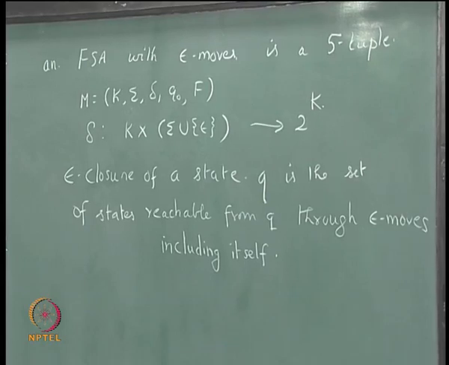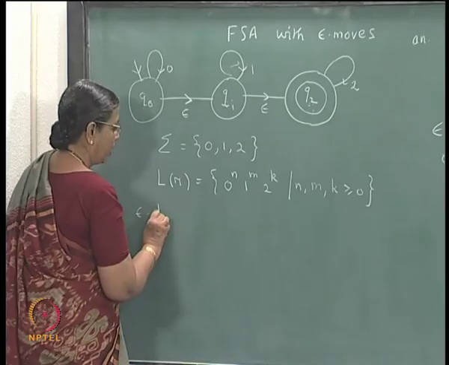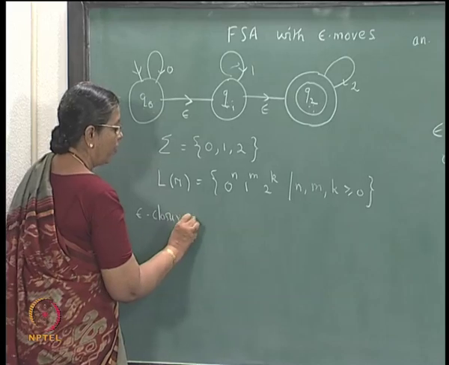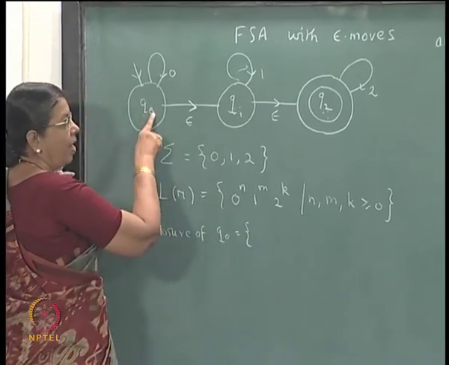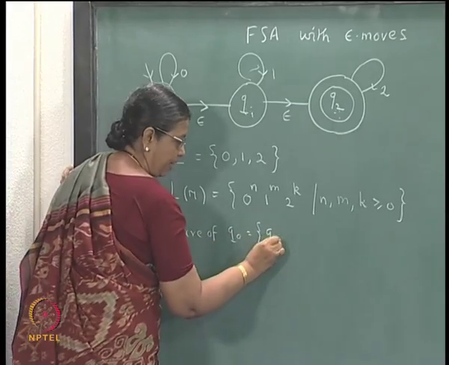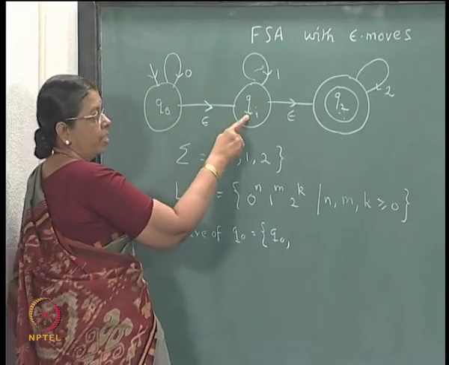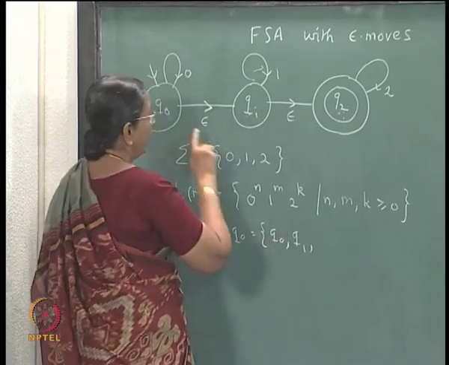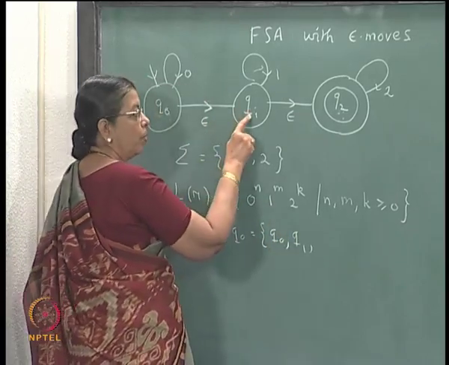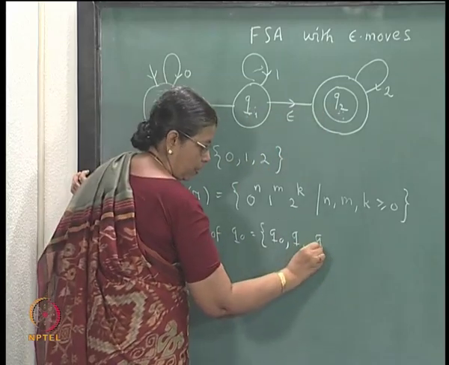So, in this case what is the epsilon closure of Q naught? Epsilon closure of Q naught is Q naught, that state will be there, then from Q naught you can reach Q1 by epsilon move. So, it will be Q1, then from Q naught through Q1 you can reach Q2 also.